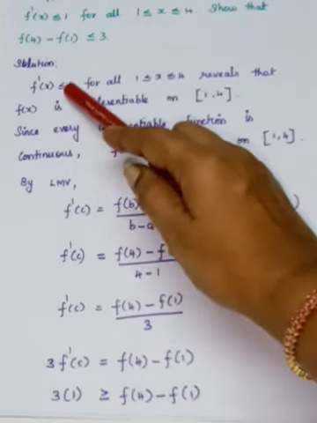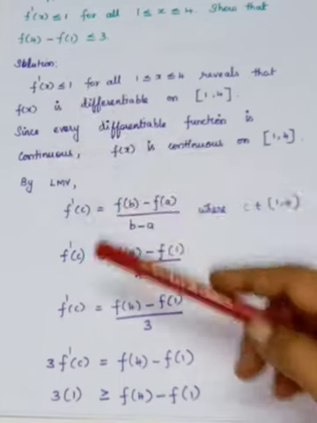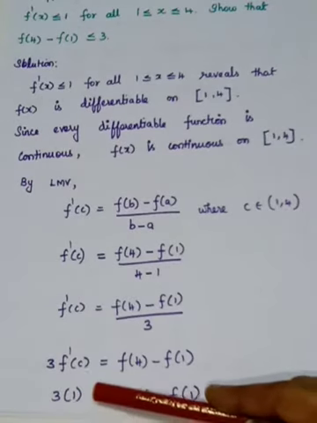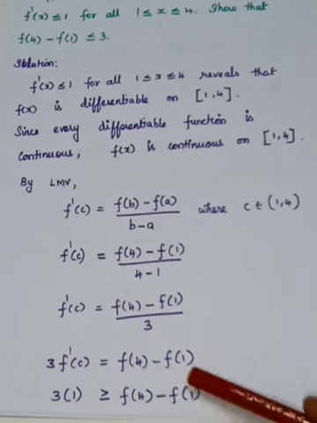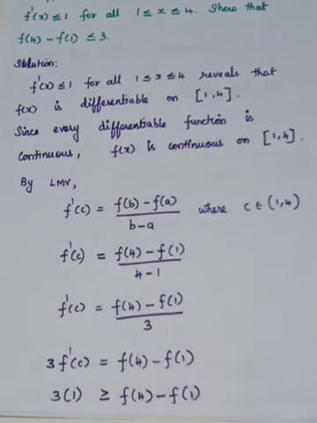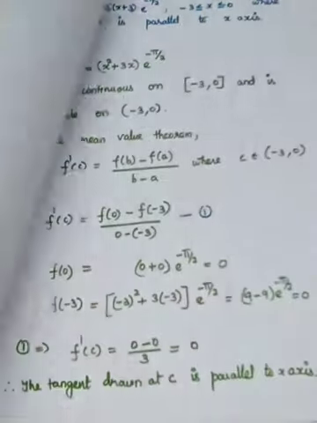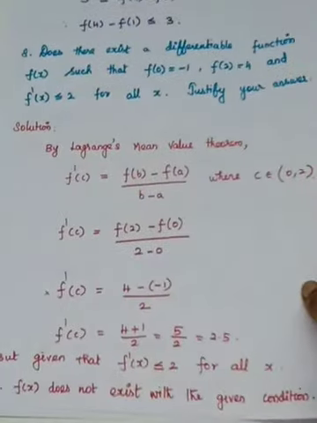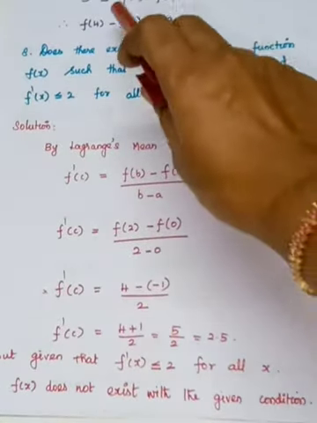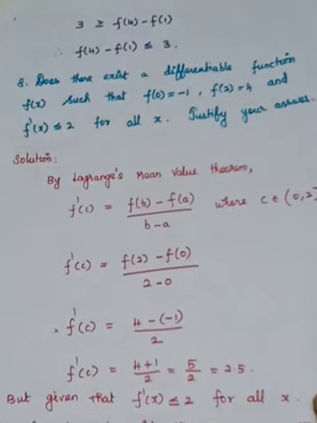So f of 4 minus f of 1 is less than or equal to 3. That is the result we have to find.